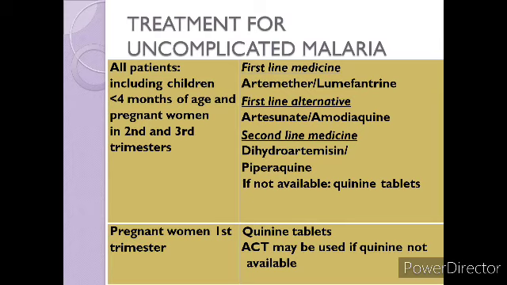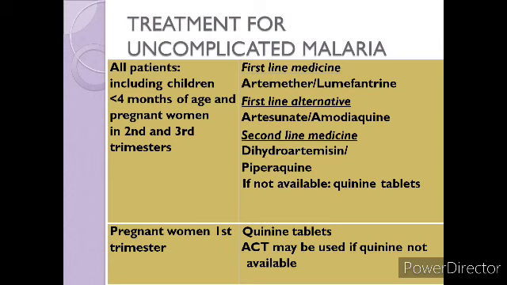Then 10 kilograms to 19.9 kilograms, the patient will take 1 tab OD. 20 kilograms to 39.9 kilograms, the patient will take 2 tablets OD. Then above 40 kilograms, the patient takes 3 tablets OD.